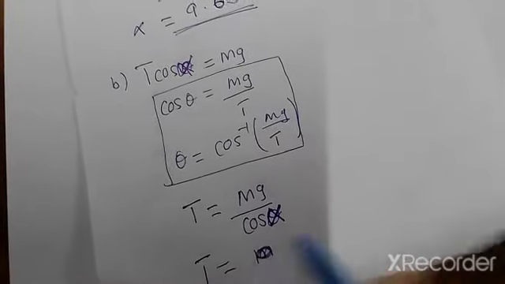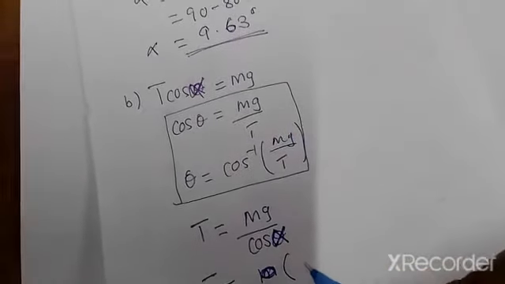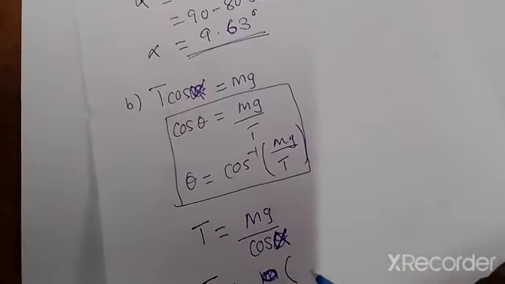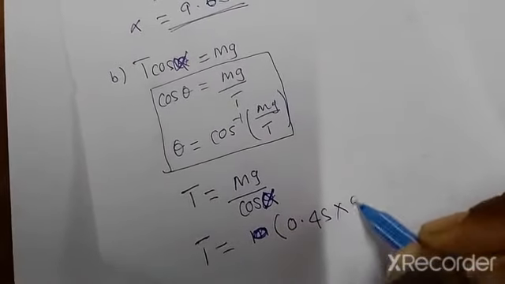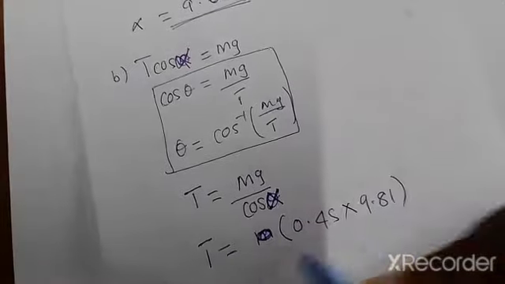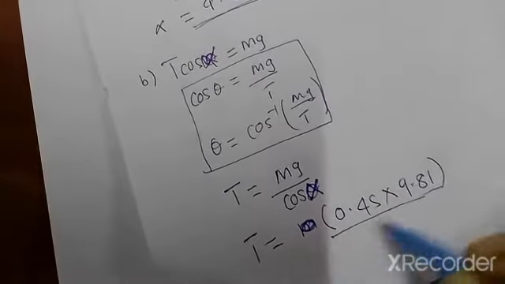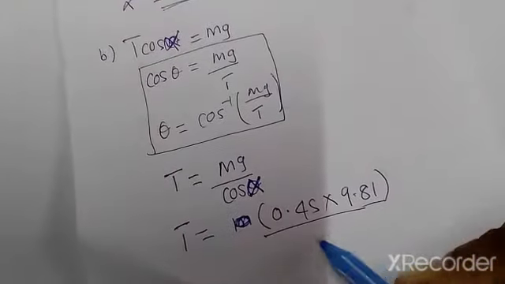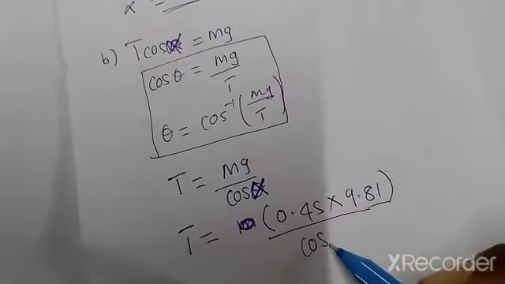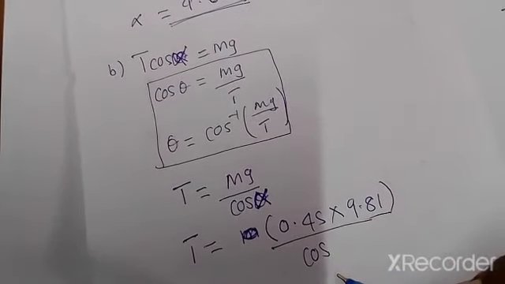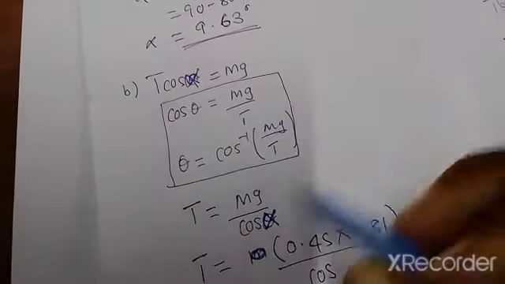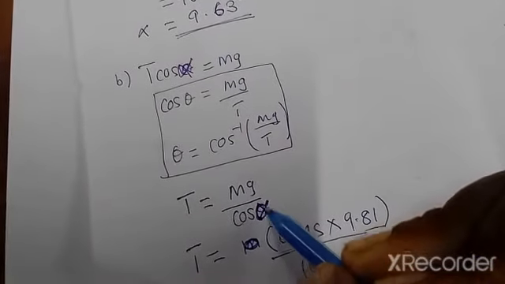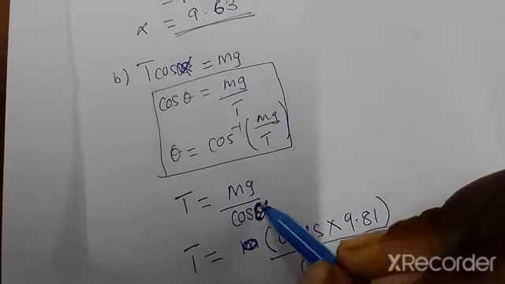At this point, we have to substitute. So the weight of the object is 0.45 multiplied by 9.81, divided by cos. Oh no, I can't use alpha. I have to use theta, because then I'm going to confuse the whole thing.